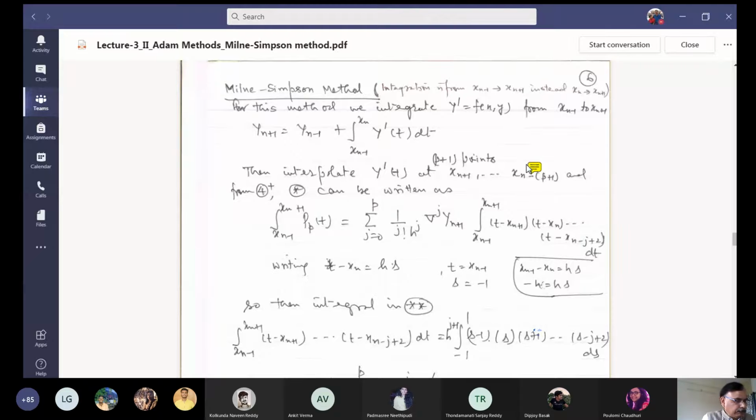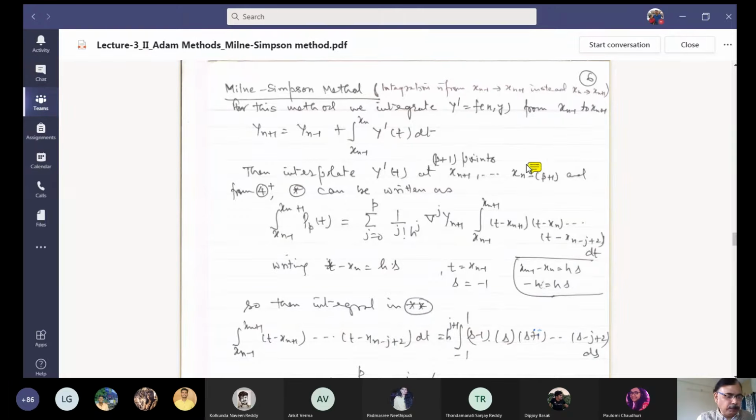You have seen that there was another change. With that, you get a different method, in the points which you have taken. If you remember the Adams-Bashforth method, the points were taken as xn minus 1 to xn minus p. There was no xn plus 1 as far as the interpolating points are concerned.